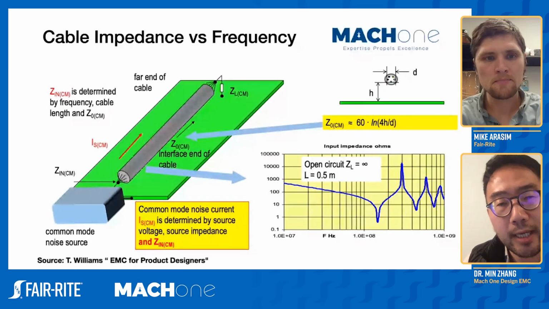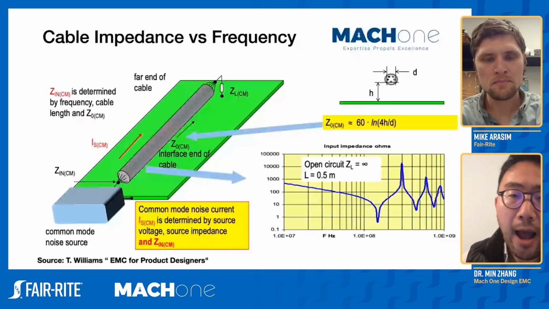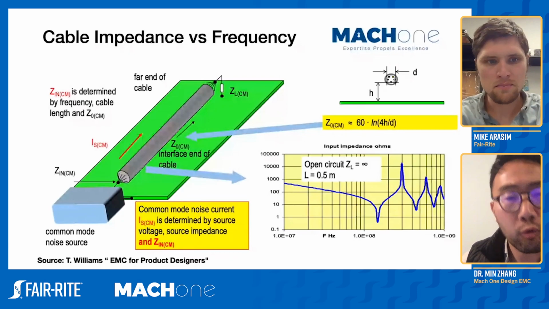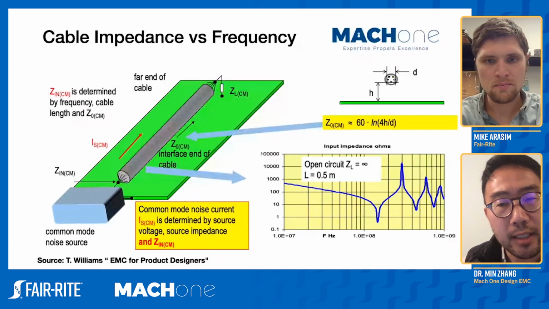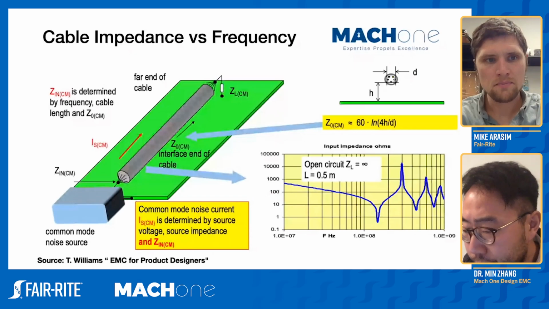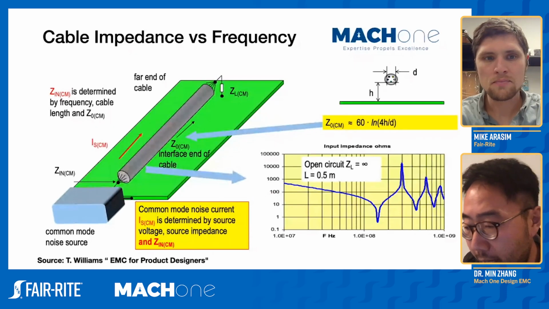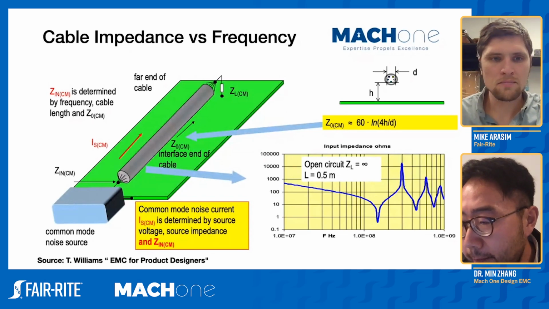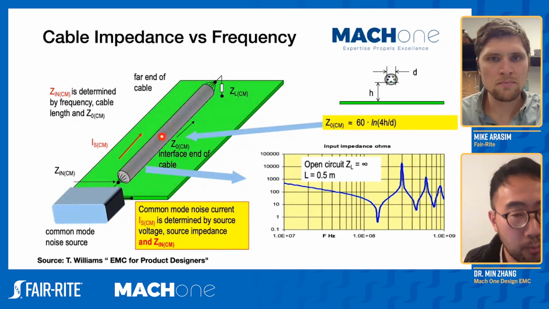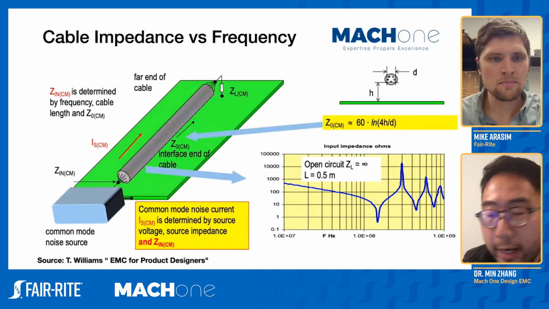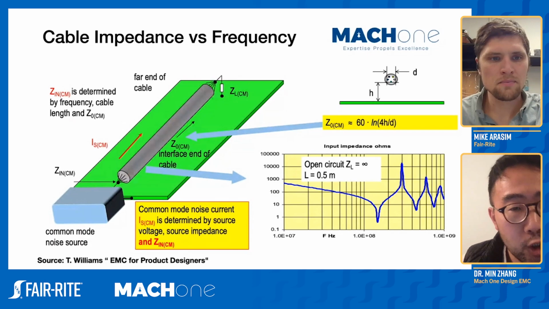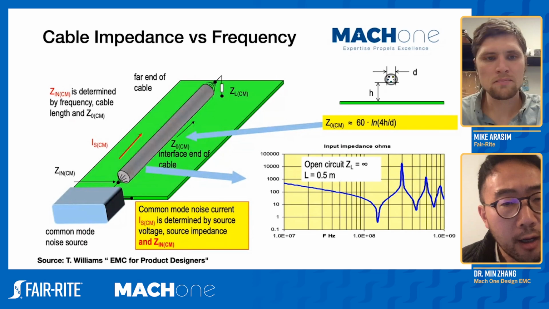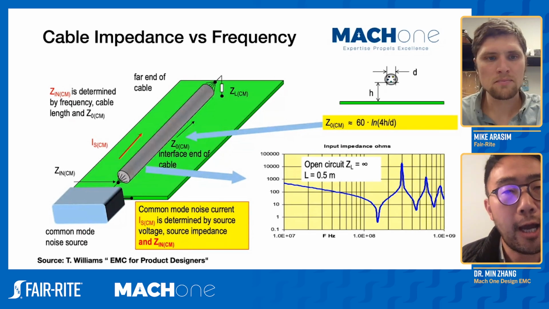And then again, as I said, the cable length is one thing, how they are connected to the equipment is another thing. And these cables will resonate against the frequency. So here we wanted to demonstrate this with these slides. As you can see, this cable bundle shown here can be shielded or non-shielded, but regardless, when we talk about termination impedance, we are talking about the common mode termination.